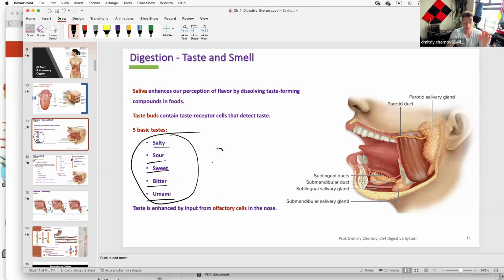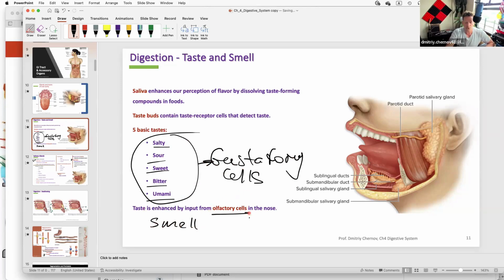All this through the gustatory cells, and the smell through the olfactory cells. Everything will be converted into an electrical impulse and arrive in our brain for perception and matching with what we already had or something new.